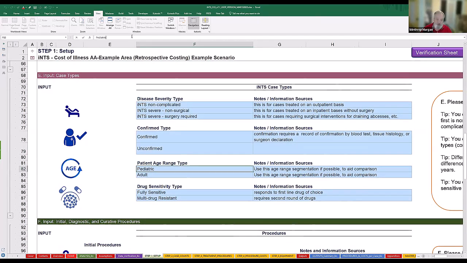I think what we should have is 5 years plus for the so-called adults and under 5 years. That's my best guess at it. I'm not a physician, so if there are physicians here who would like to comment on this, I would greatly appreciate your input.